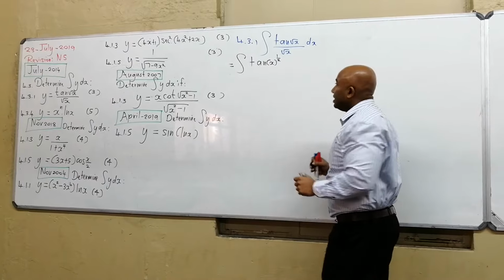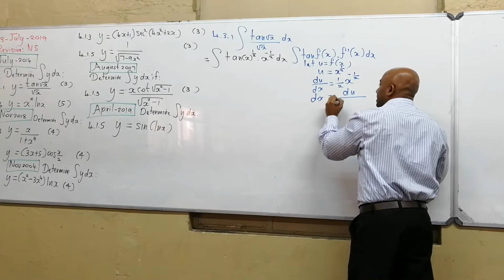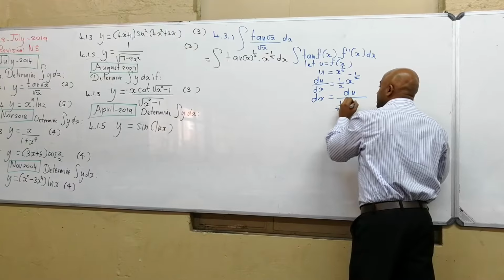Now, you can go and simplify further, yeah? But I'm not going to simplify because this is not needed. Right, so I got my x to the power minus half, and I see there's also an x to the power minus half. So let me manipulate this equation. Therefore, dx is going to equal du all divided by half times x to the power minus half.